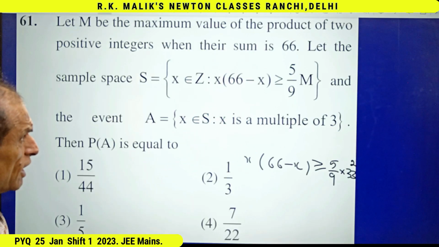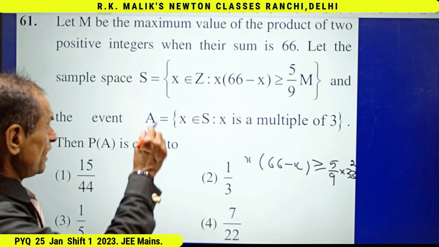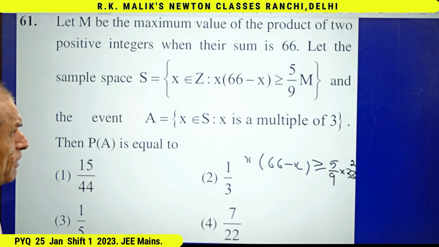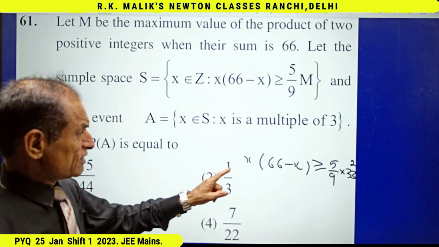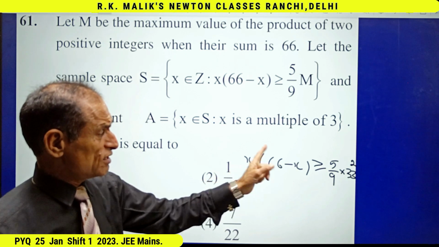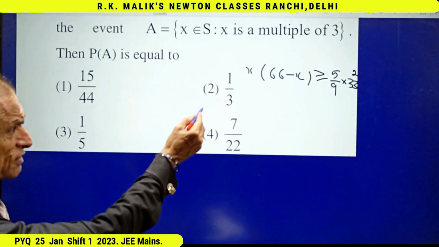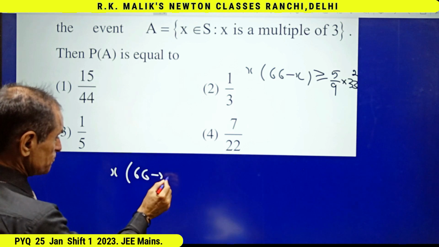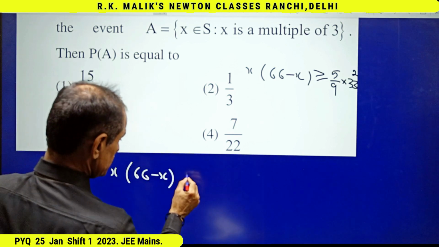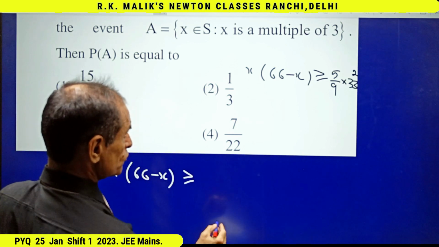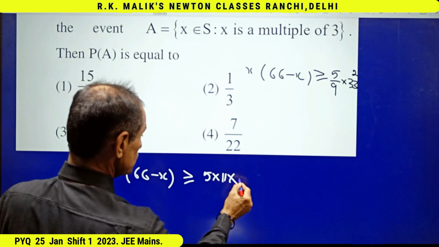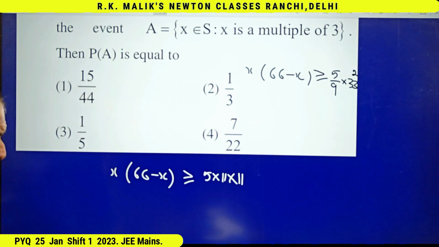And now I will find all possible values of x such that x is an element of S. x will be an element of S if x is an integer and satisfies this condition. This can be written as x(66 minus x) greater than or equal to 5 into 11 into 11.